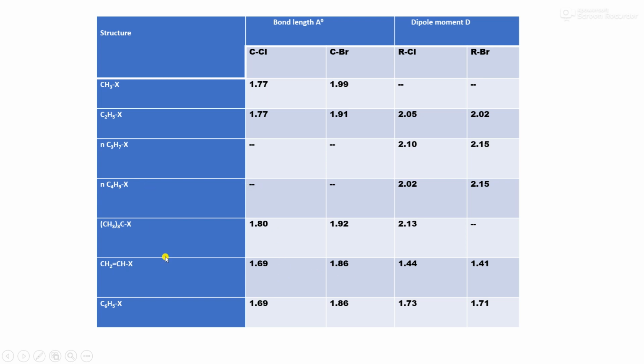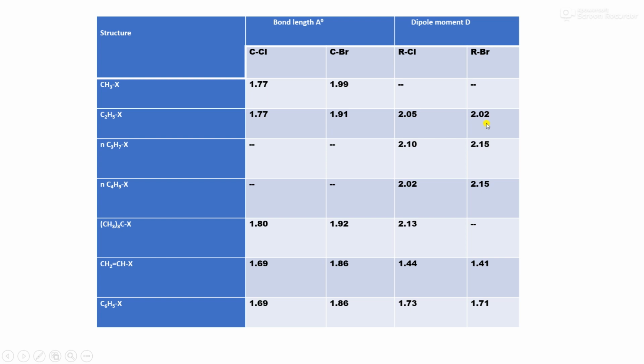So in the table, detailed bond lengths are shown for different compounds, and dipole moment also gets affected. See the dipole moment here. R-Cl dipole moment is 2.05, but whenever bromine is there, the dipole moment is less.